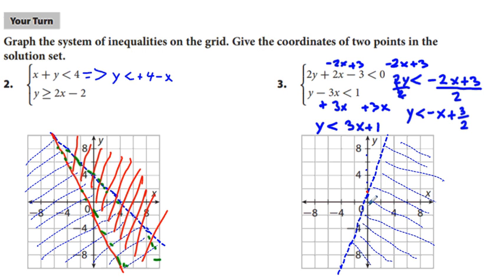So we're going to go down 1 over 1. So something like this. Down 1 over 1. Something like this. So that's what things will look like.